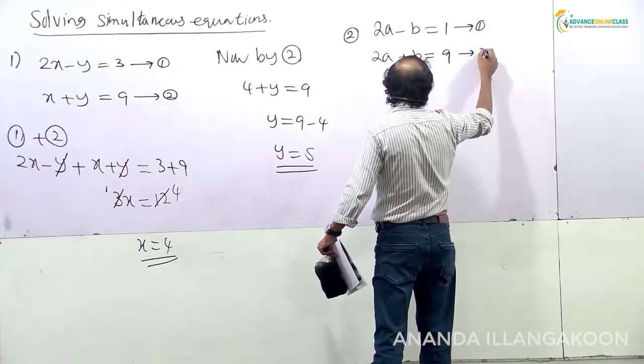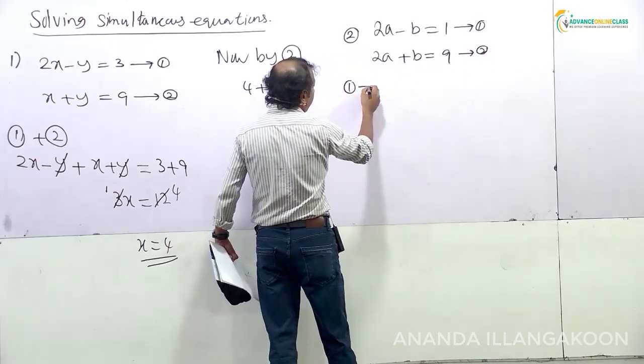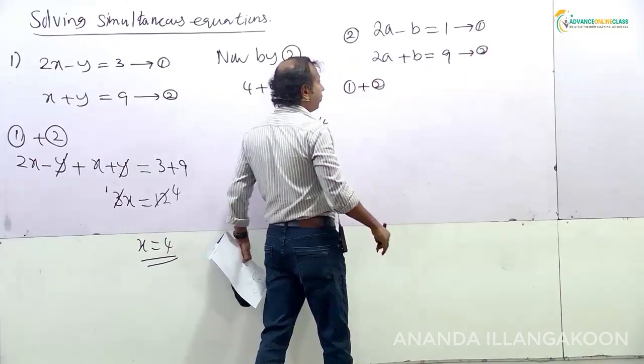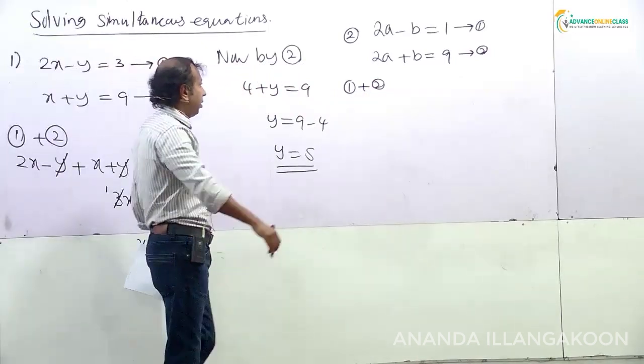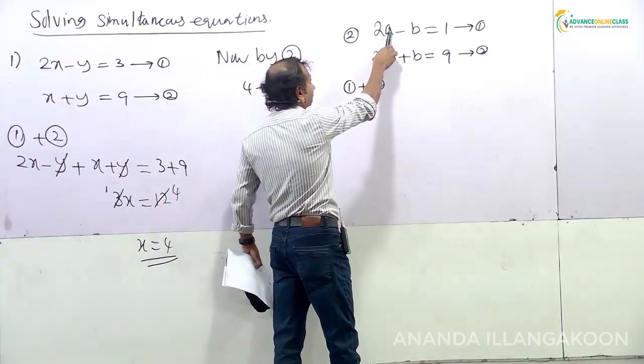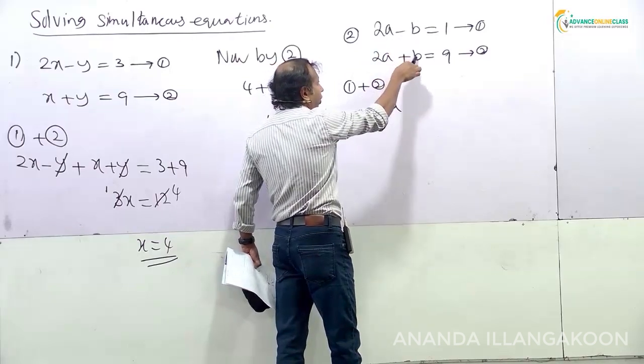Number 1, number 2. Still we can add this 1 and 2 because minus b plus b will cancel. Then we get what here? 2a plus 2a, 4a. Minus b plus b will cancel off.